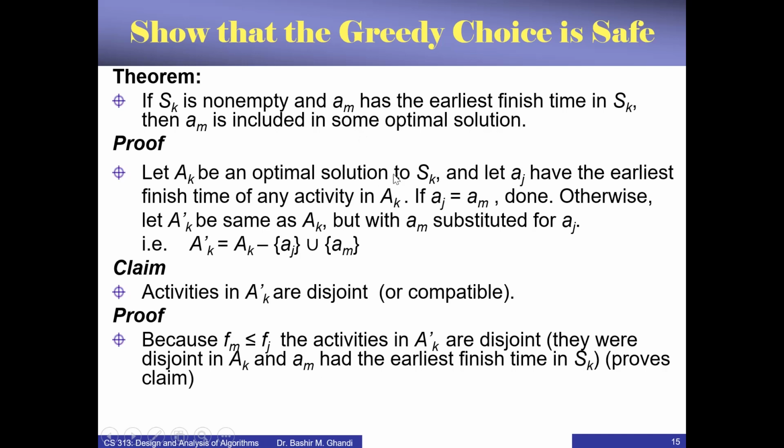So the greedy choice we make in this case, by choosing the first activity to finish, is actually safe. It will belong to our optimal solution AK, or to some other optimal solution A prime K. Either way, it belongs to some optimal solution.